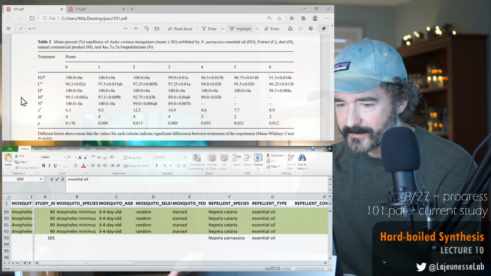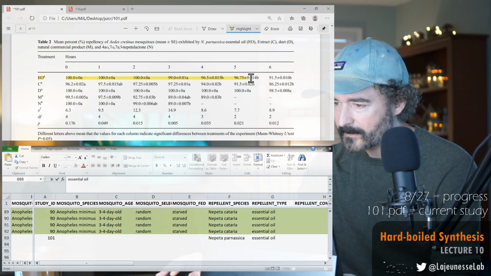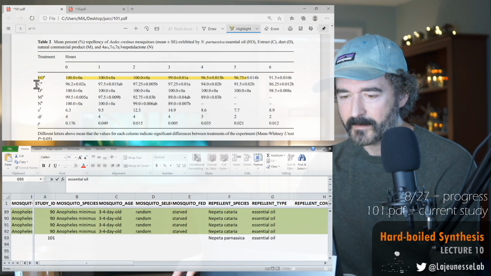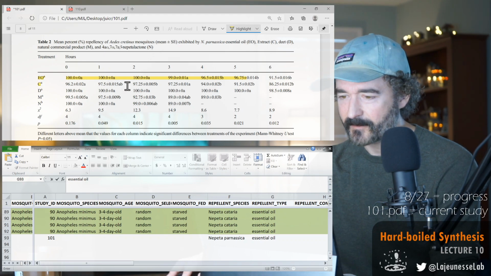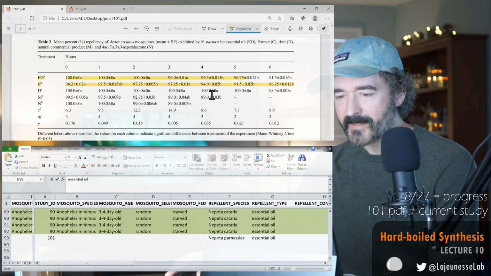So let's highlight the stuff I need. EO, essential oil. C is the extract, which must be the nepetalactone, maybe. I need to verify. Just flat out say what it is.